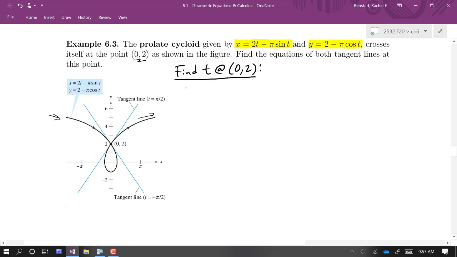So y equals 2. That means that 2 minus pi cosine of t is equal to 2. The only way that happens is if pi cosine of t is 0, and the only way that happens is if cosine of t is 0.